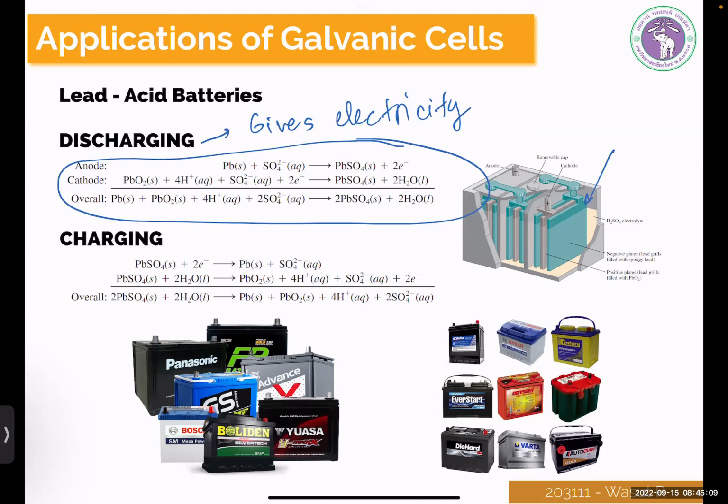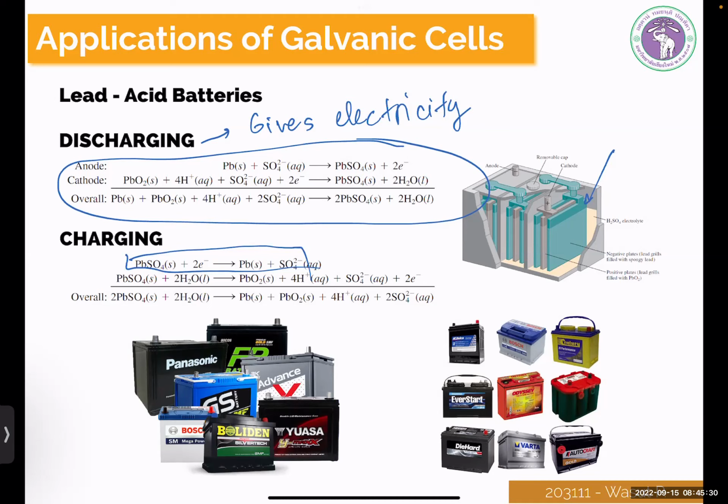So when this type of battery dies, you can recharge. And what happens when you recharge this battery? Well, the reaction just gets reversed, right? So you can see that this is now the cathode, right? The previous anode now becomes a cathode because it's where the reduction reaction occurs.